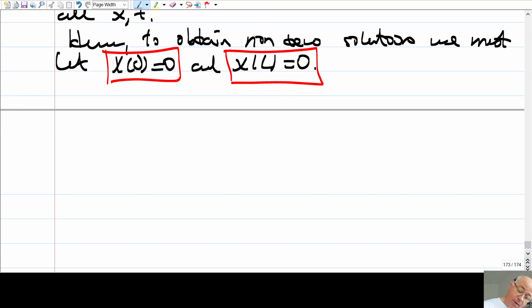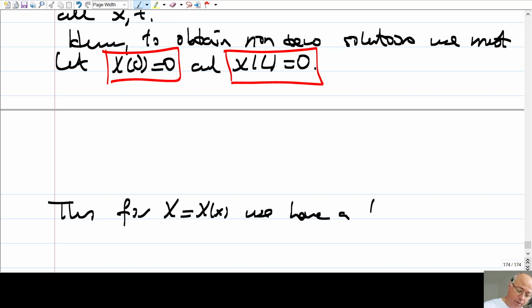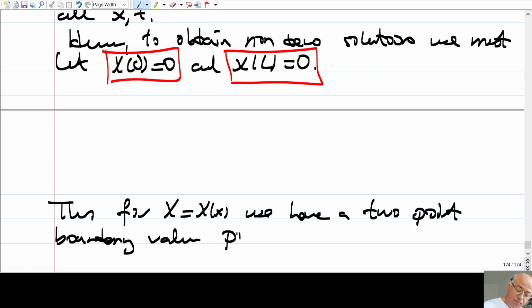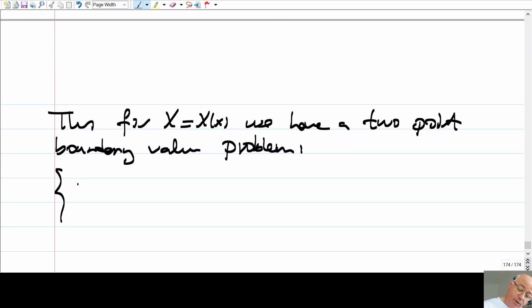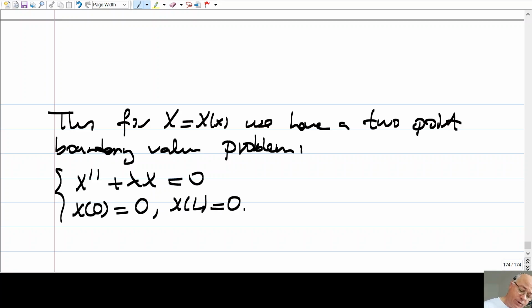Hence, thus, for x of x, we have a two-point boundary value problem. What's that problem? Let's write it down. It is x double prime plus lambda x equals 0, x of 0 equals 0, and x of L equals 0.